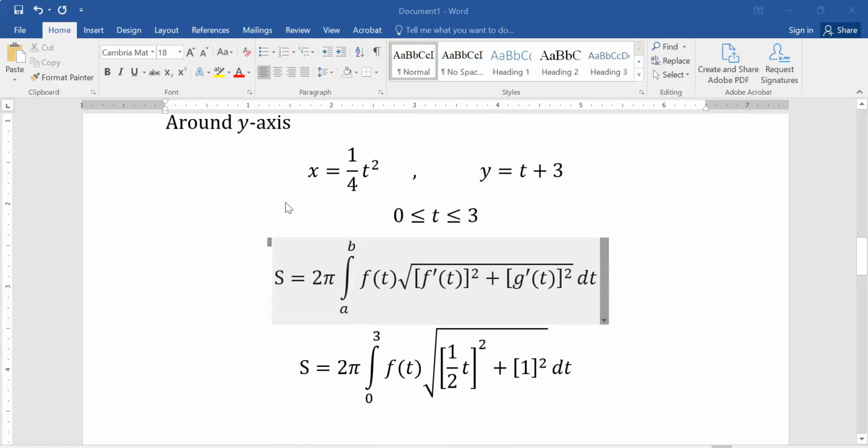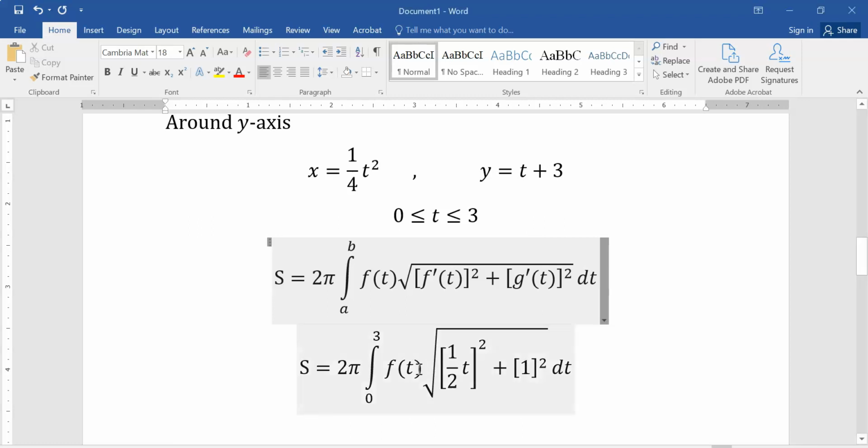All right, so revolving this thing around the y-axis, the only thing we need to change is the function in front of our square root. Once again, we're going to go from 0 to 3, so 2 pi, 0 to 3. Underneath the square root, we're going to have 1/2 t, because that's the derivative of x, and then 1, because that's the derivative of y, both with respect to t.